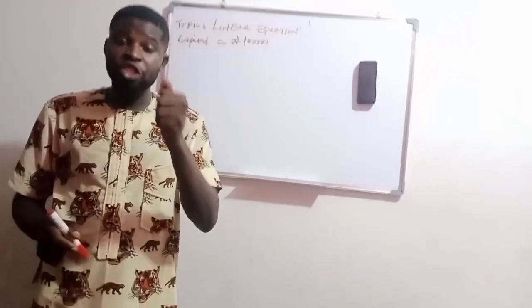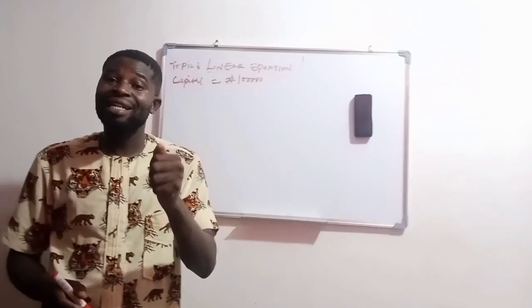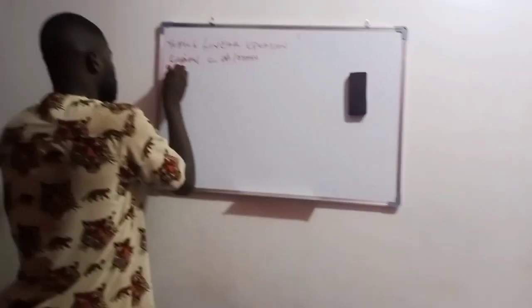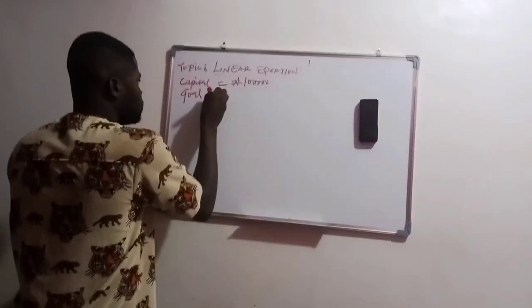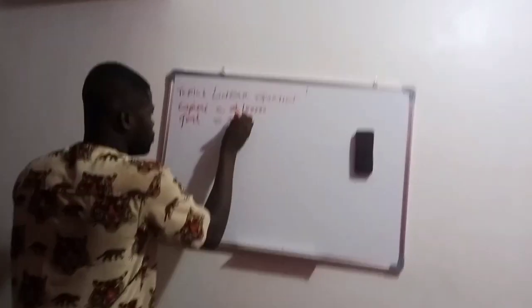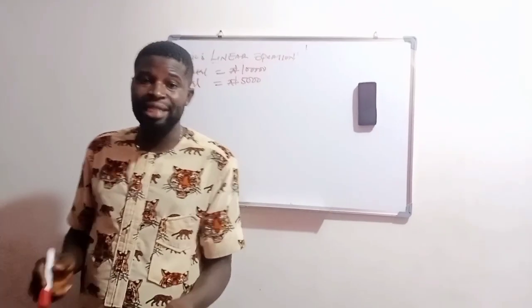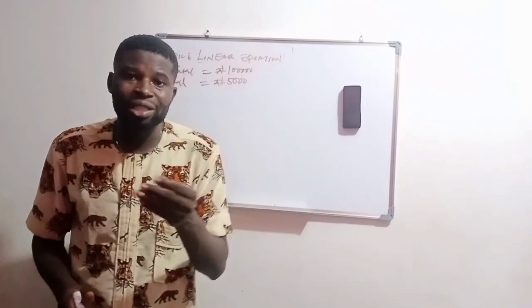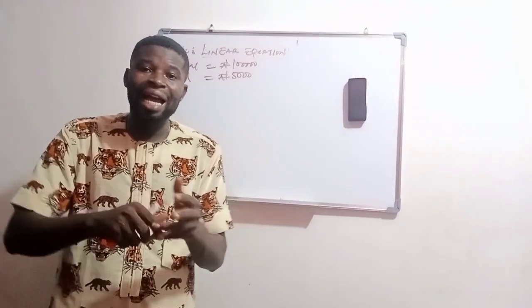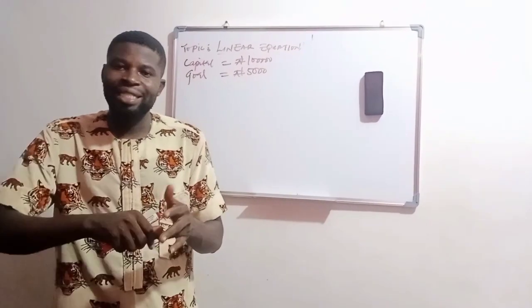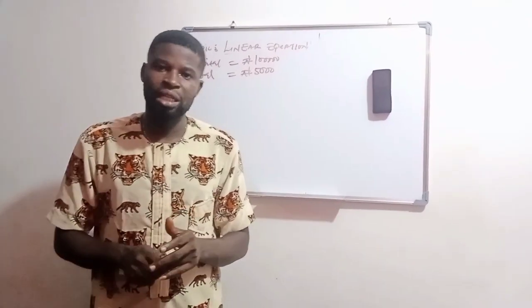My interest is to be making 5,000 naira daily. To make this 5,000 naira, I have two products at hand. What are these two products I want to invest in? I have old layers and I have broilers.